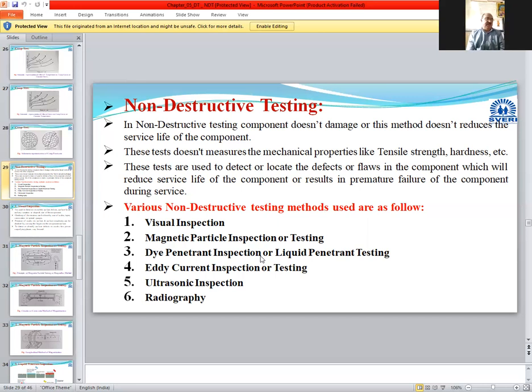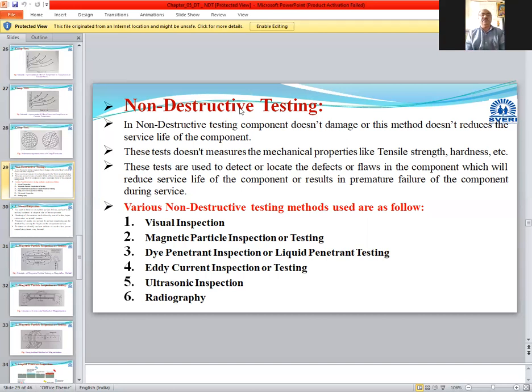First, that is tensile. Yesterday we conducted one experiment on how to test specimens on a universal tensile testing machine. The universal tensile testing machine consists of two jaws, one fixed and the second movable.